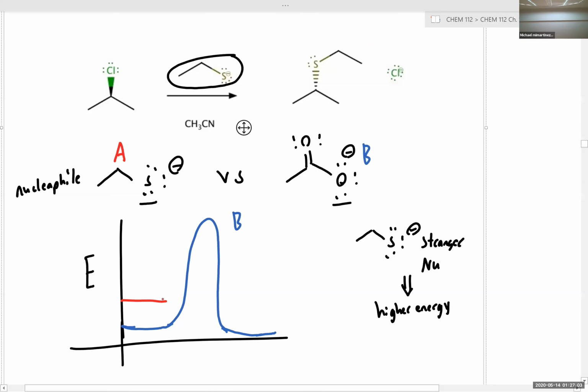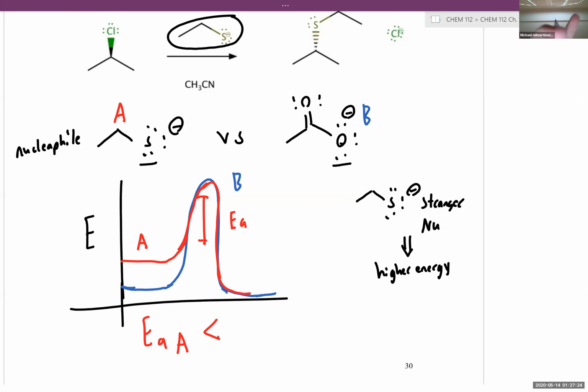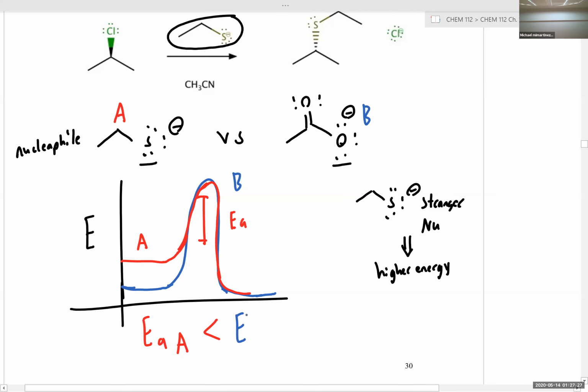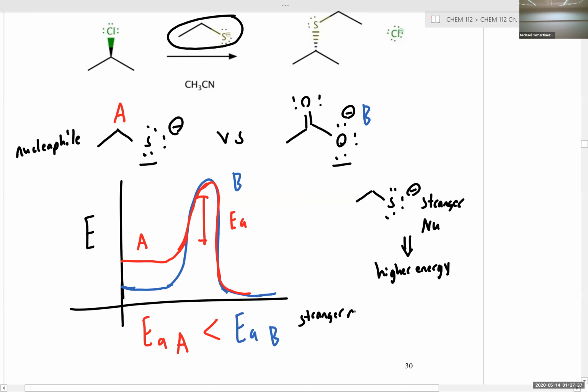So A, we have a higher energy nucleophile, and as a result, if we think about our activation energy, the activation energy for reaction A is less than the activation energy for reaction B. In other words, what we've been saying all along, stronger nucleophiles react faster via SN2 pathways.